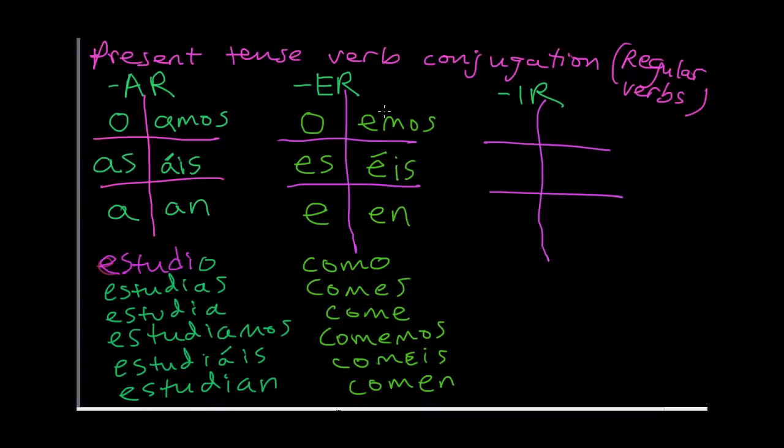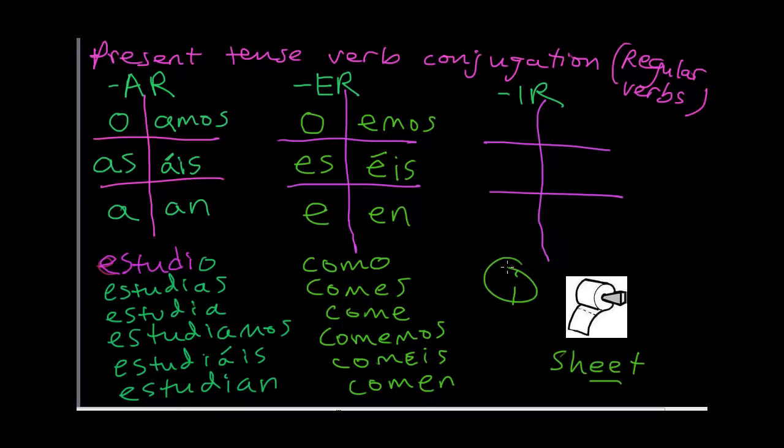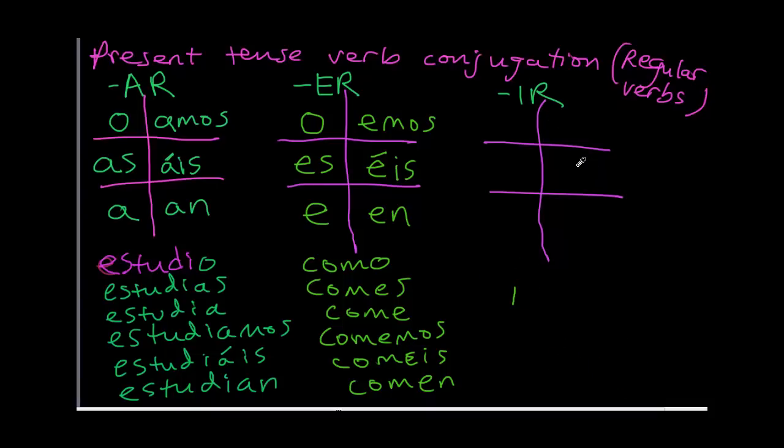And then there are verbos IR. They're going to have their own endings here, and we'll organize them in a chart. Remember, this letter I is like the ee in the word sheet, as in a sheet of toilet paper. Sheet. So this letter is I, as in IR. Make sure we have our vowels clear. Entonces, the yo form ends in o again, and the tú form ends in es, like a verbo ER.